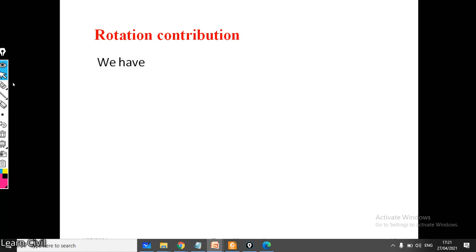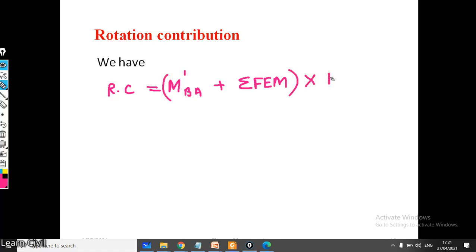Okay, we will only write down the equation today, and when we go for the problems, you will get the idea how to calculate the rotation contribution. Now the rotation contribution is given by the equation: rotation contribution is equal to m dash ba plus summation of fixed end moment, multiplied with the rotation factor.